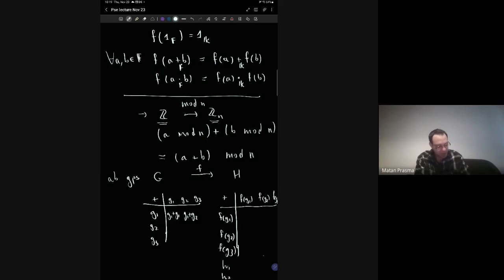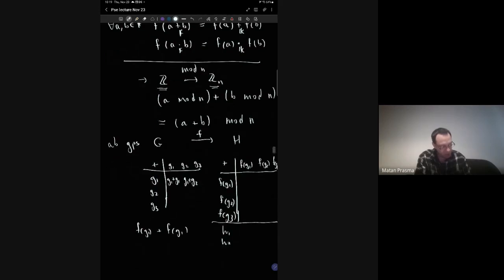But for the elements that are obtained as an image of the function F, because F is a homomorphism, here there should be F of G1 plus F of G1. But F of G1 plus F of G1, by the homomorphism property, is F of G1 plus G1.